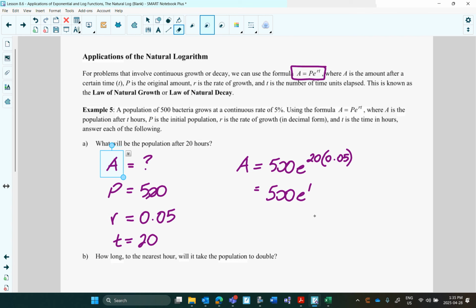You should be able to find it on your scientific calculator. If you can't, let me know, I'll help out. So that's 1,359 bacteria, approximately.